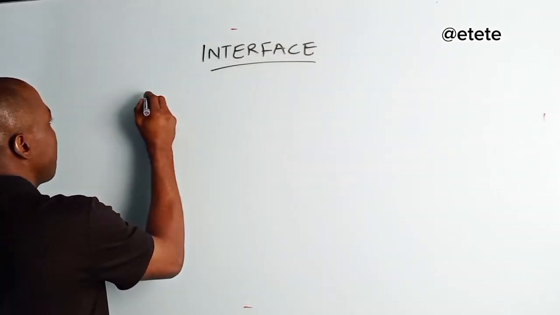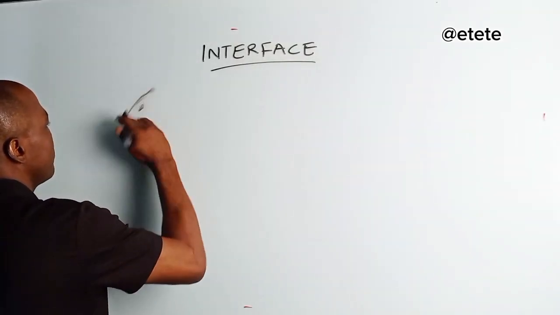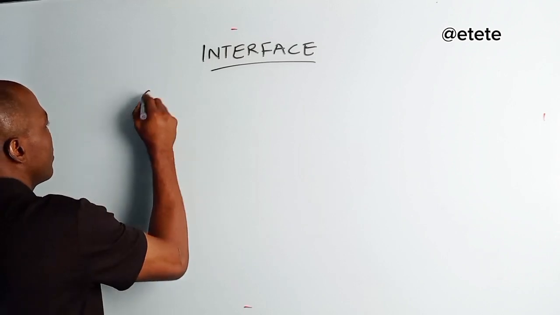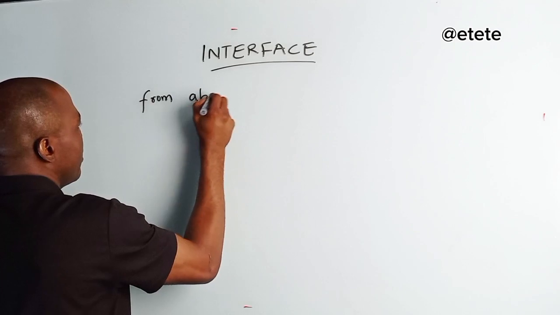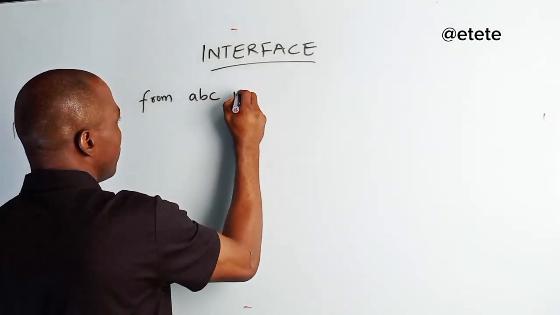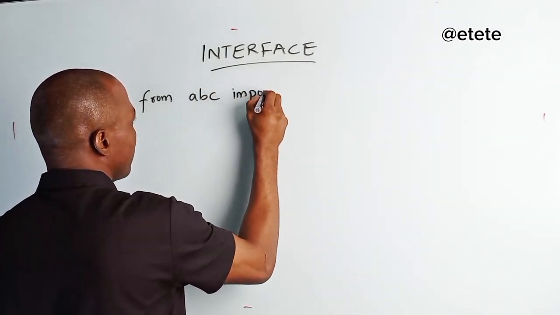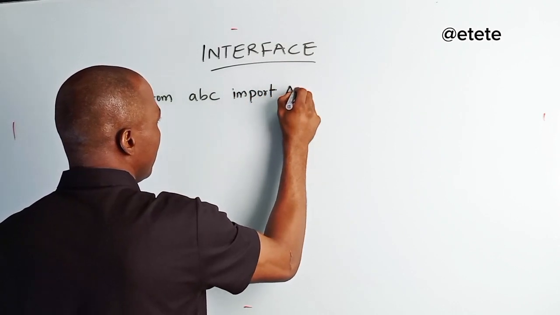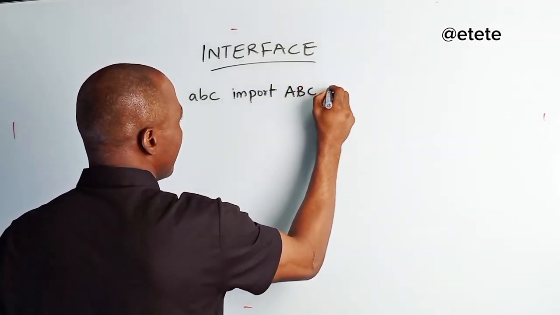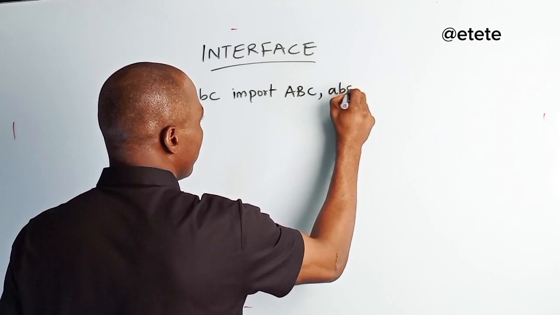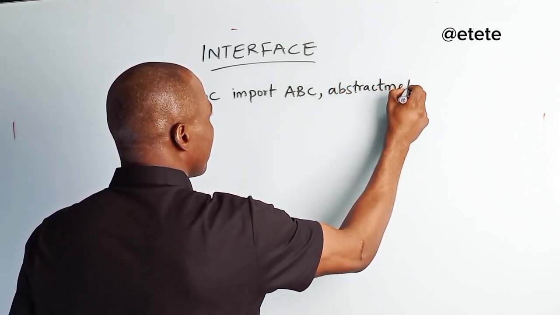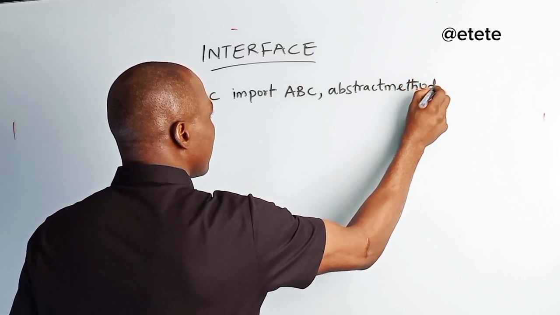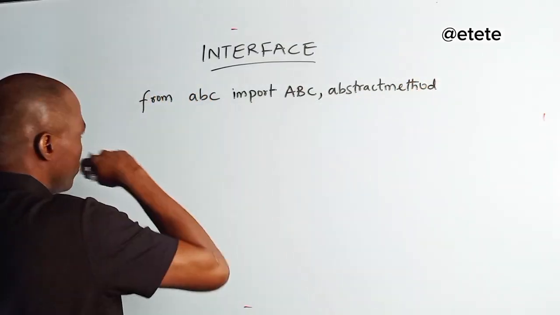So from the ABC module, import ABC class and abstract method. Right? So this is what you are going to do.